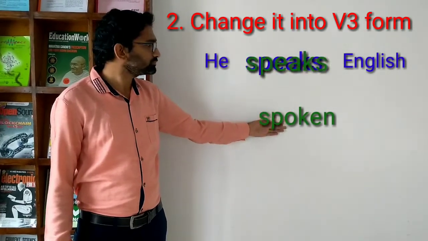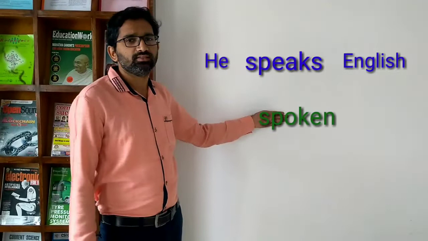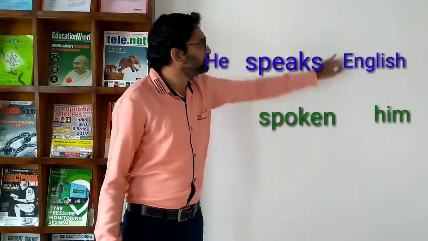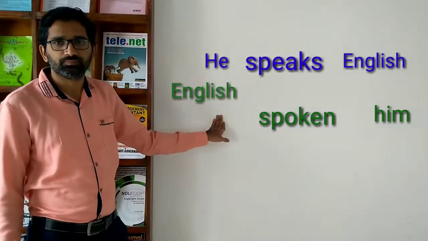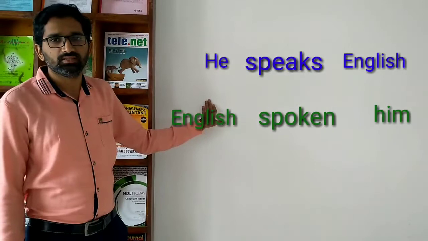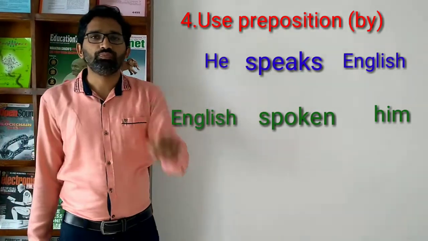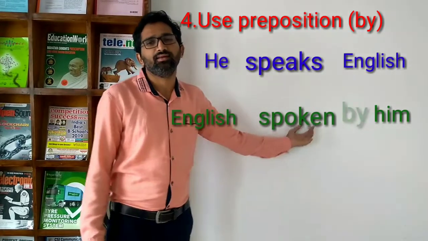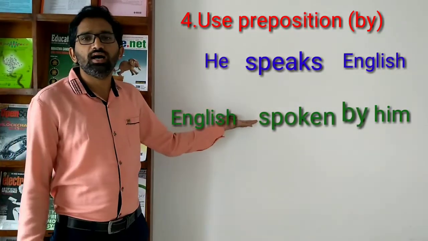Spoken is the V3 form. Next, change subject place to object place and object place to subject place. Next, rule number 4, use a suitable preposition. Most probably it will be by. Next, use a helping verb.